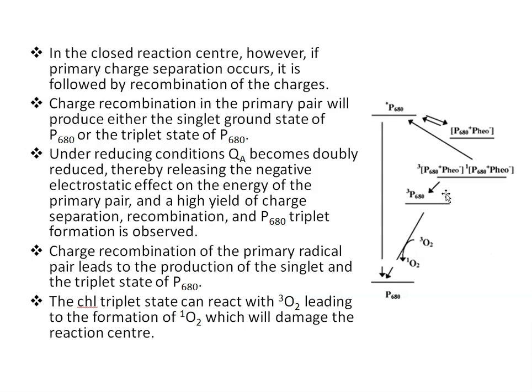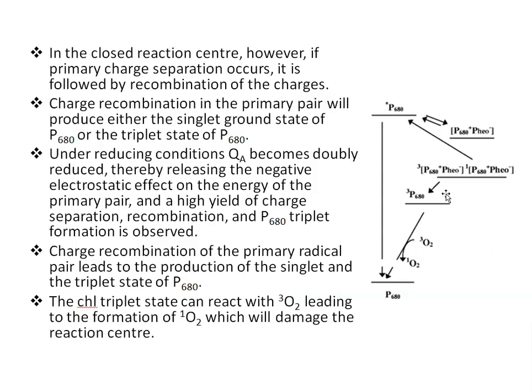QA becomes doubly reduced, thereby releasing the negative electrostatic effect on the energy of the primary pair and a high yield of charge separation. Recombination and P680 triplet formation is observed.